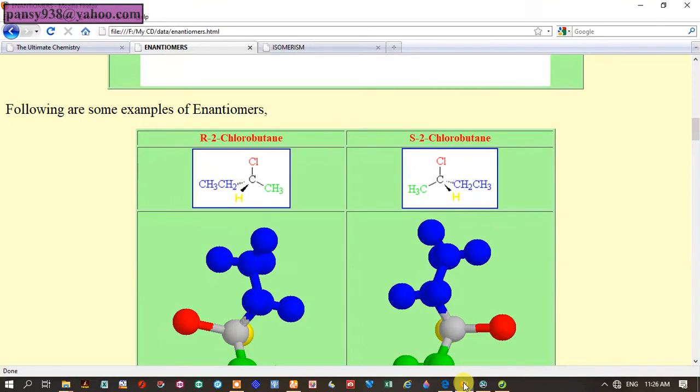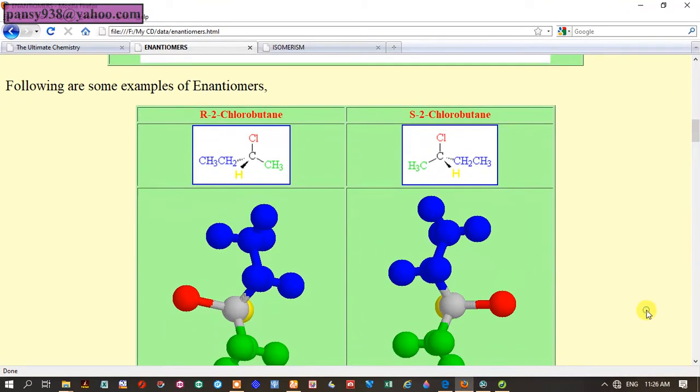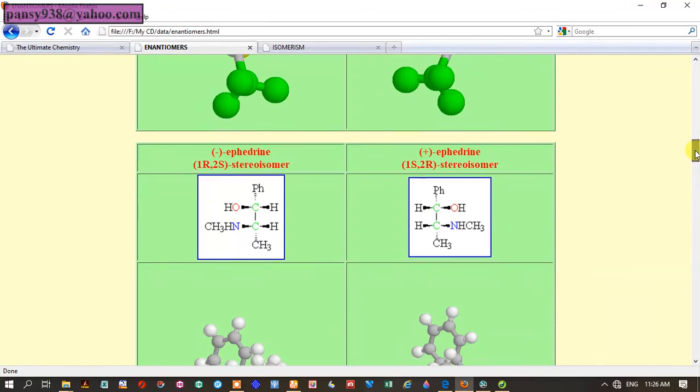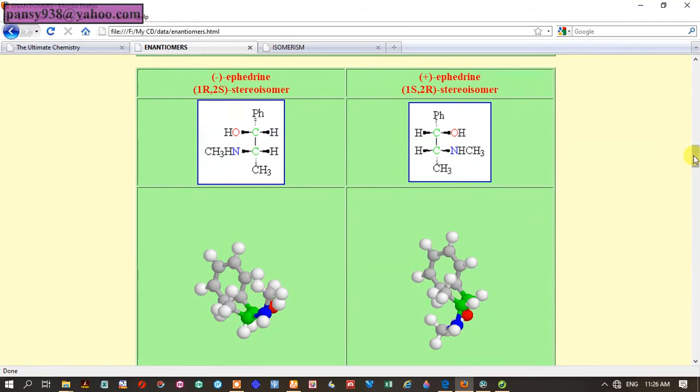So now come to our today's topic, which is enantiomers. You may have heard about ephedrine. There are two possible isomers of ephedrine. You can see the two isomers of ephedrine in two-dimensional diagrams as well as in 3D models.